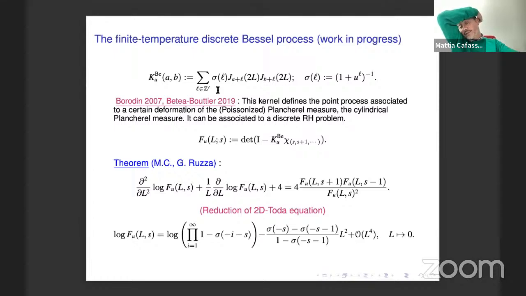And so it was just natural to ask what are the analog of the equation that we obtain in the continuous case in this discrete setting.